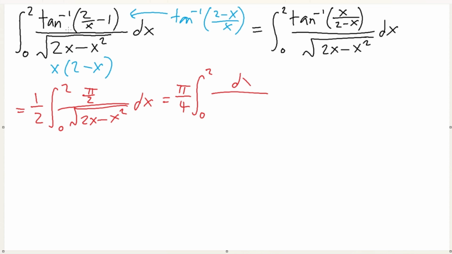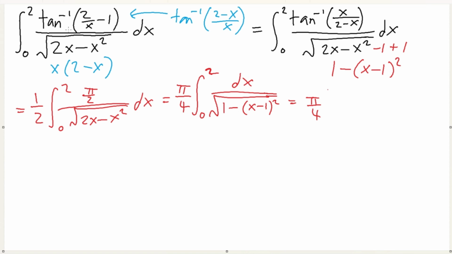Well, this is cool. What's amazing about this is that for 2x minus x squared, you just complete the square. That's all you're doing. So minus 1 plus 1, this will give us 1 minus x minus 1 squared. And now, from 0 to 2, we can just go like this.